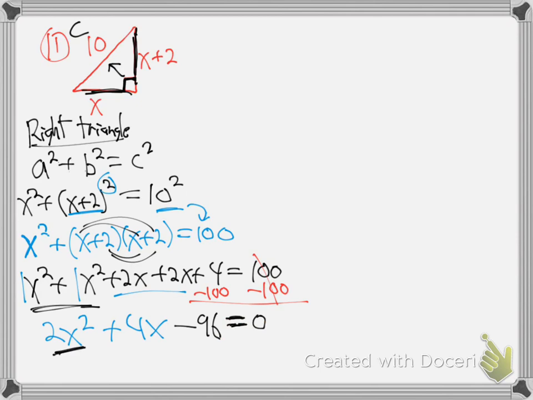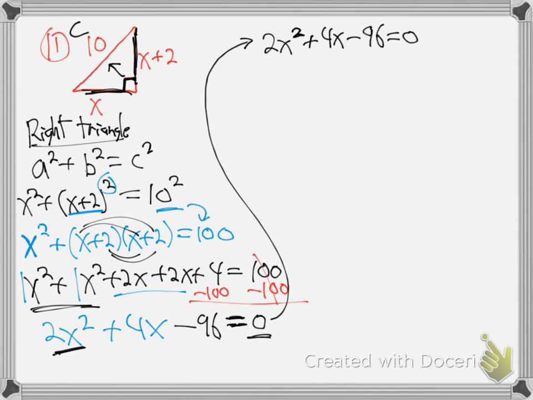Whenever we have x squared, we always want to get 0. So let's bring that up here. So we have 2x squared plus 4x minus 96 equals 0. So here's what I would suggest at this point.